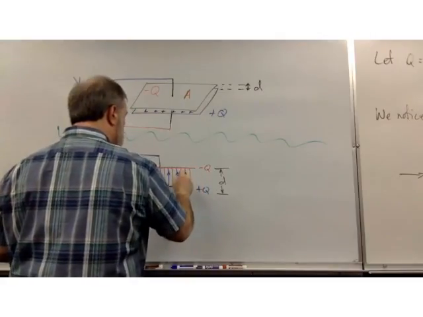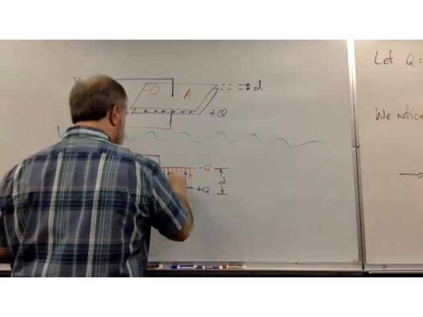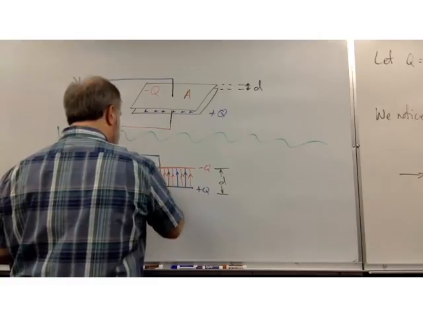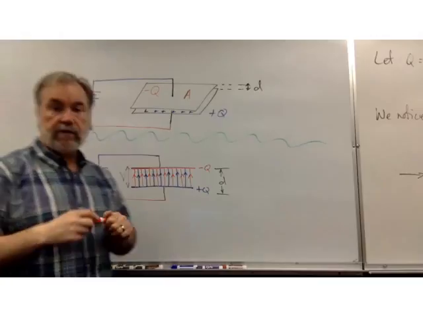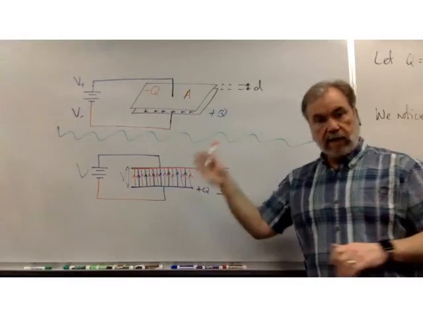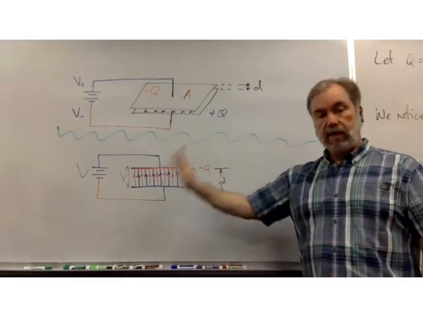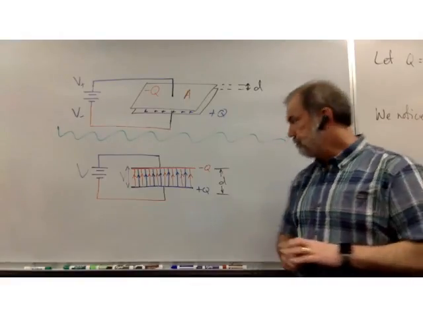But it points towards the negative charge, and you'll notice that both fields point in the same direction, and so the total field ends up being nice and uniform and large.